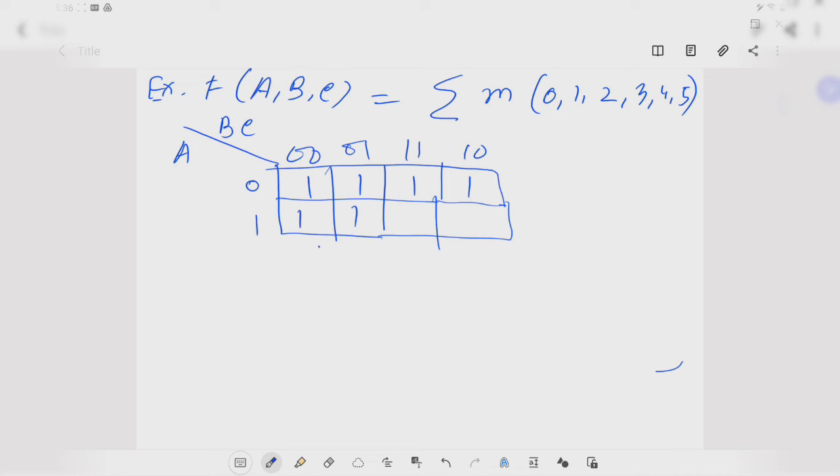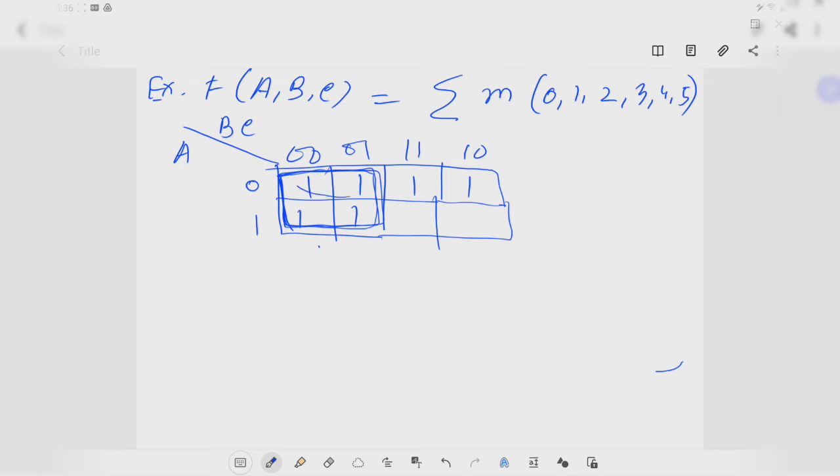Okay, so now we need to find the maximum number of ones which are consecutive and symmetric. How about these 4 ones? These are consecutive to each other, and these are also symmetric. So what is common in these 4 ones?